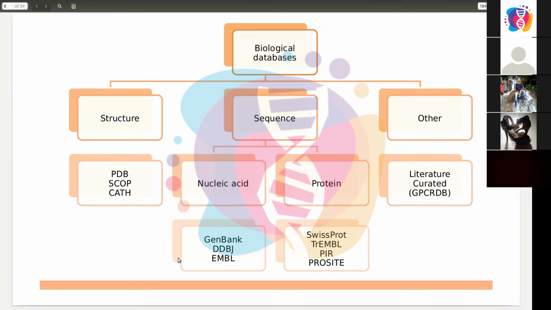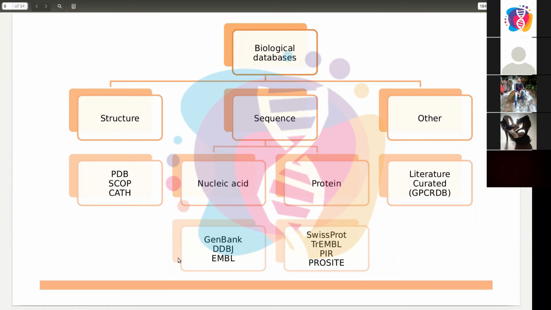Then you have your sequence databases. The sequence databases are of two types, one being the nucleic acid ones, which include your DNA and RNA sequences, and one being the protein ones, which include your protein sequences, right? The nucleic acid ones are the general ones, which are NCBI, DDBJ, and EMBL.